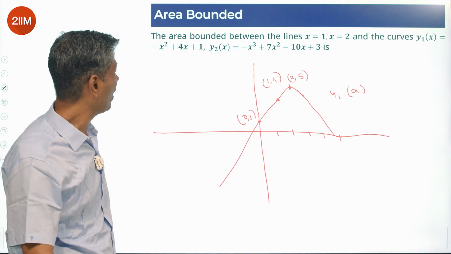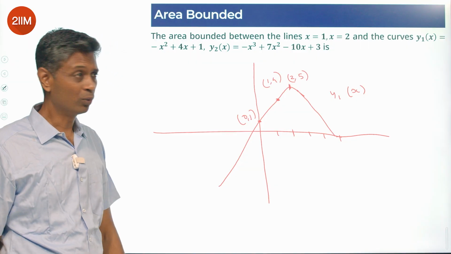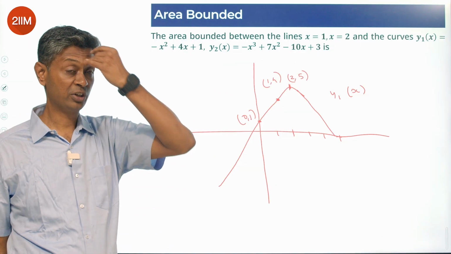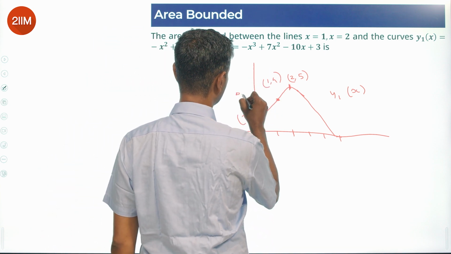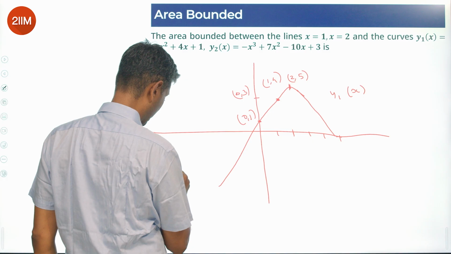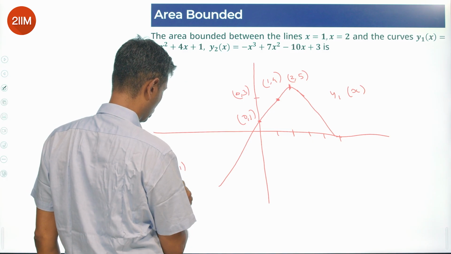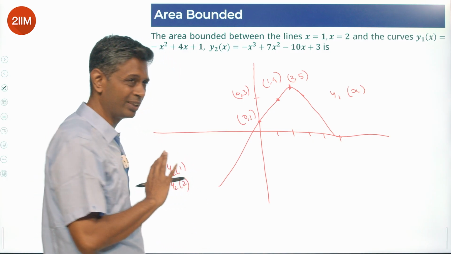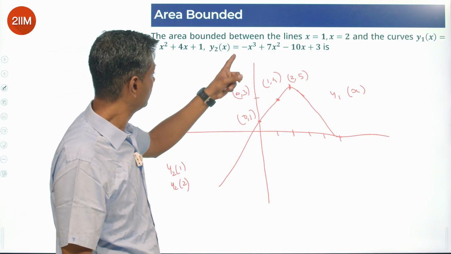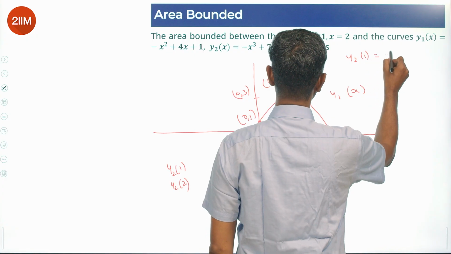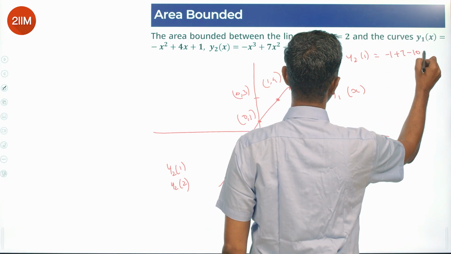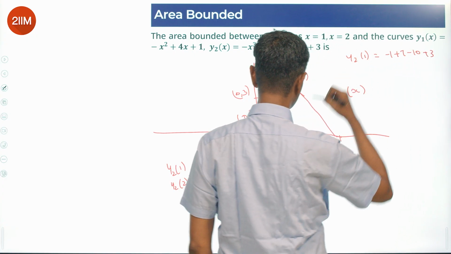Right? y2 of x, first of all, y2 of 0, it's a cubic. I'm going to have a tough time imagining it. y2 of 0 is 3, 0 comma 3. What I'm going to do, I'm going to do y2 of 1 and y2 of 2. That's all I want to do, nothing else. y2 of 1 is minus 1 plus 7 minus 10 plus 3. 10 minus 10, so this is minus 1.